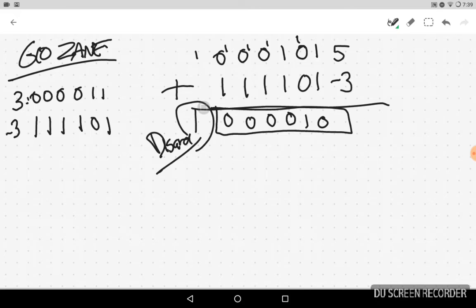And notice that we have a 0, so we know that this is positive. And therefore, we do not have to convert it back using 2's complement. We can just read it as straight binary. So in this case, it's pretty easy to read that number.